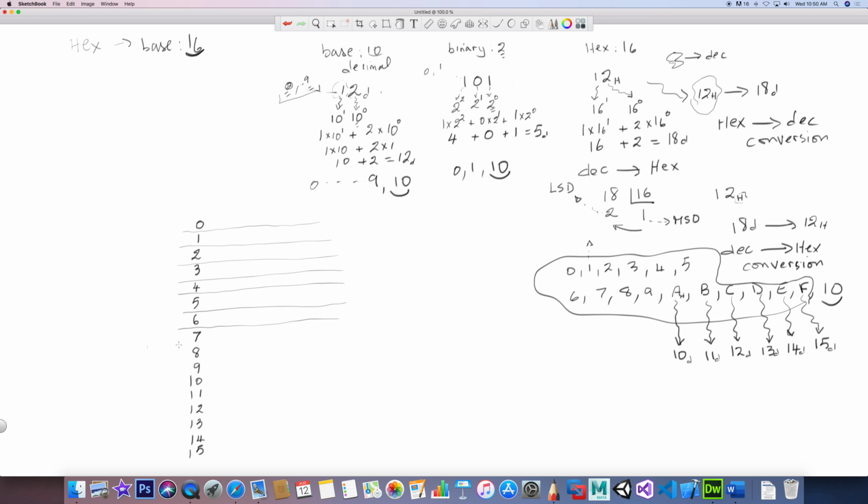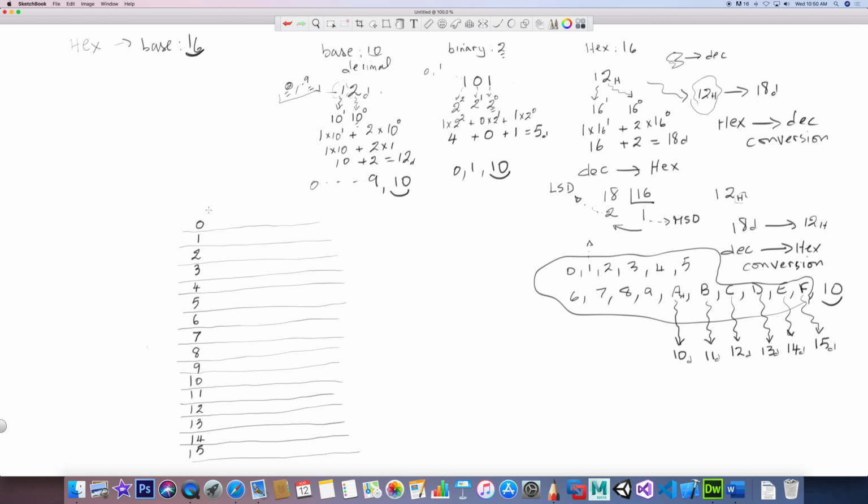Now, I urge you to do the same thing so you get familiar with the progression or the counting, either in decimal, which I hope you know how to do, and we're going to do counting in binary and hex. So we're going to compare them. We're going to have the equivalent values for these decimal values in binary and in hex. Okay?